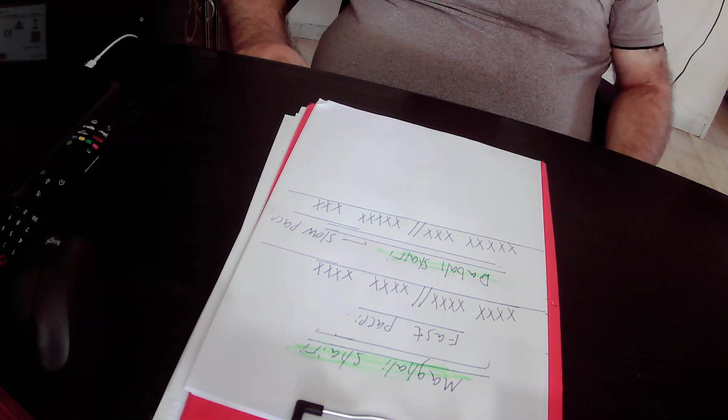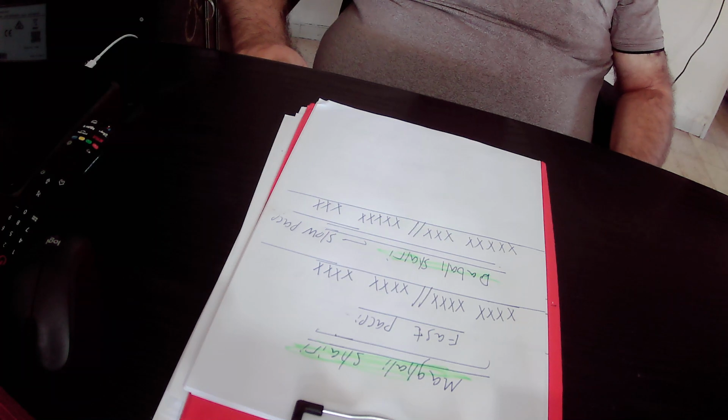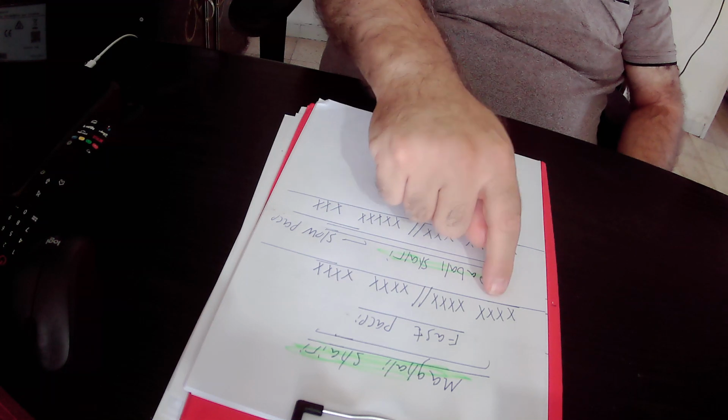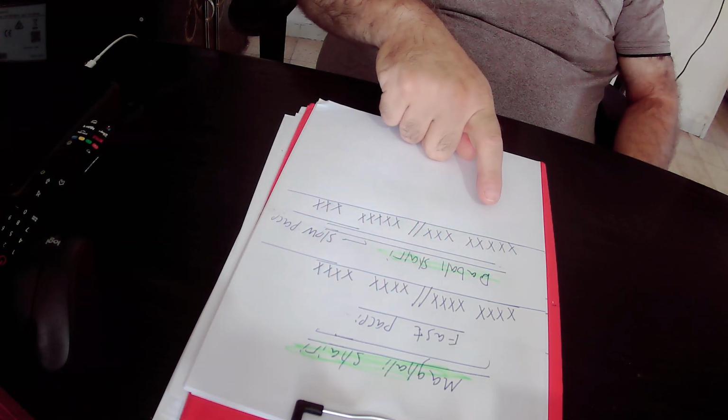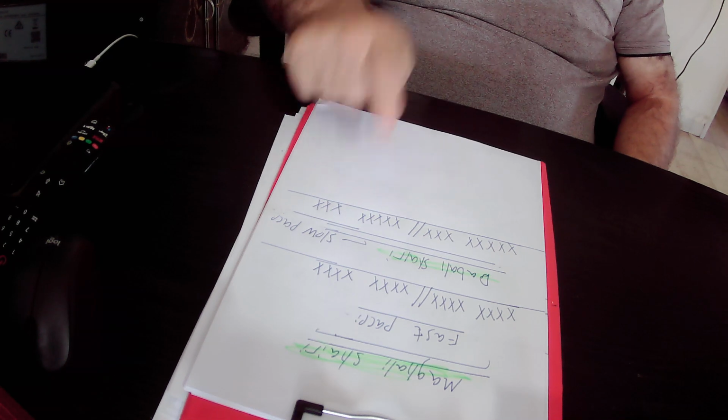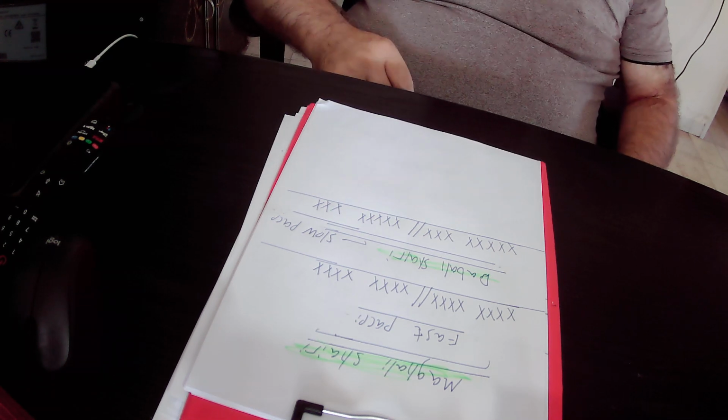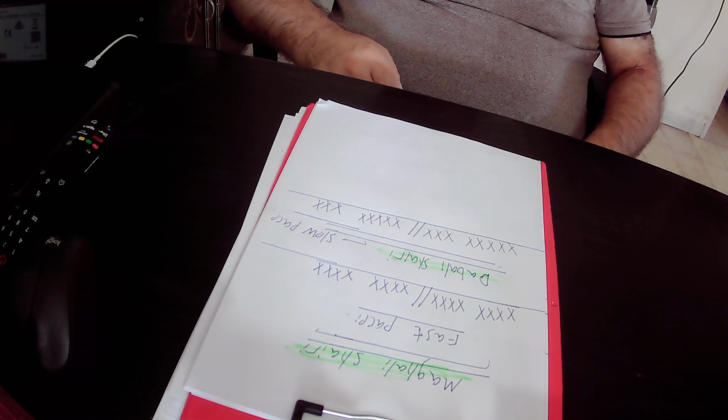In both types, each line that consists of 16 syllables is broken into 4 segments. Here we have 1, 2, 3, 4, and in the other type we have also 1, 2, 3, 4 segments.